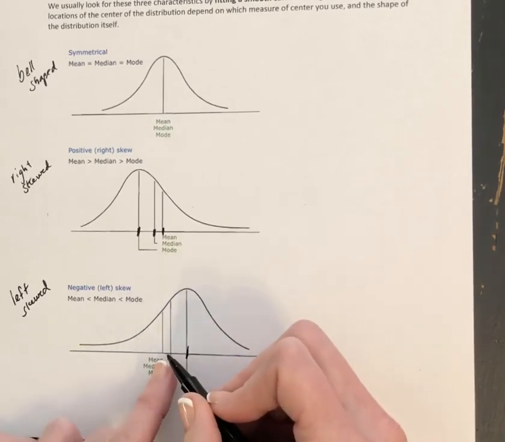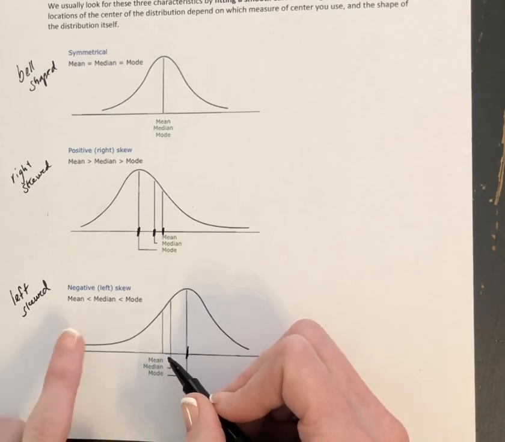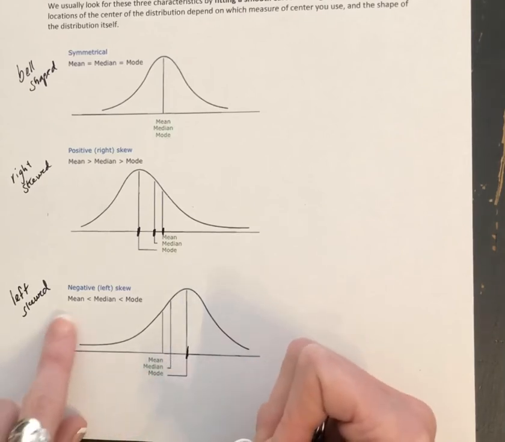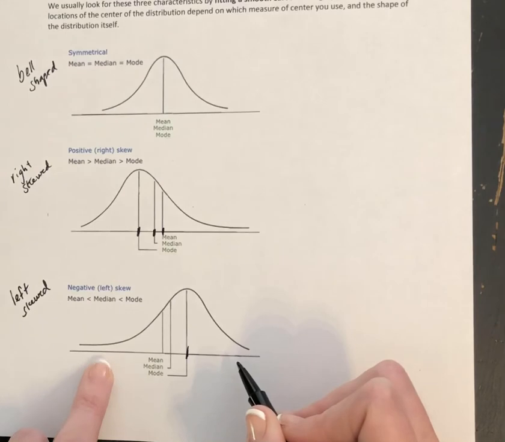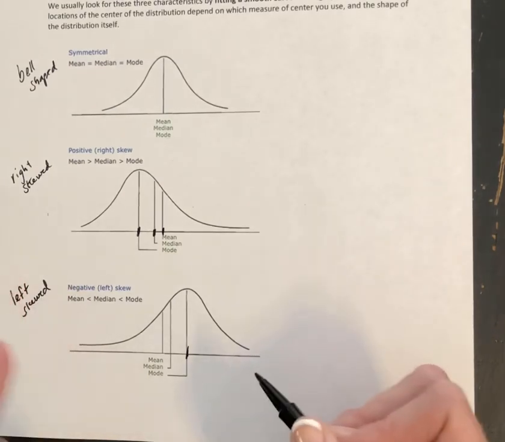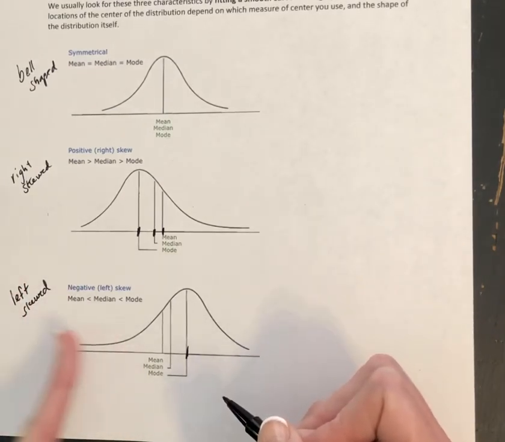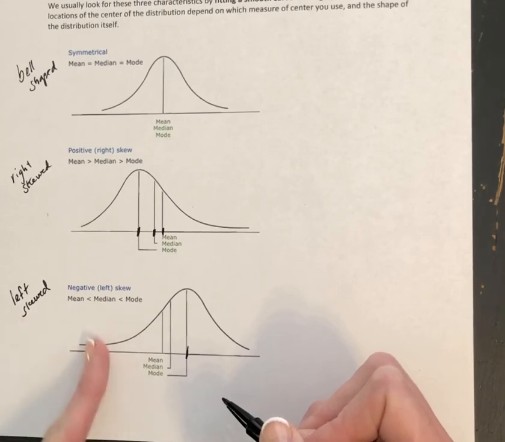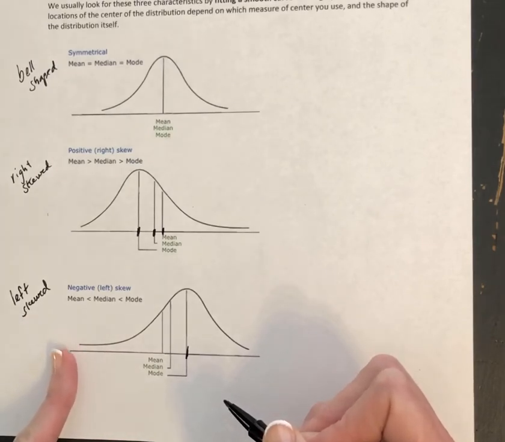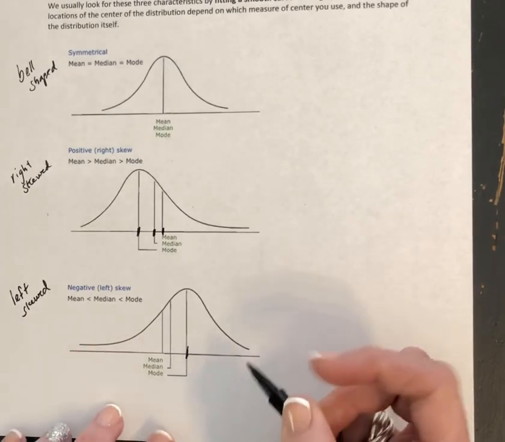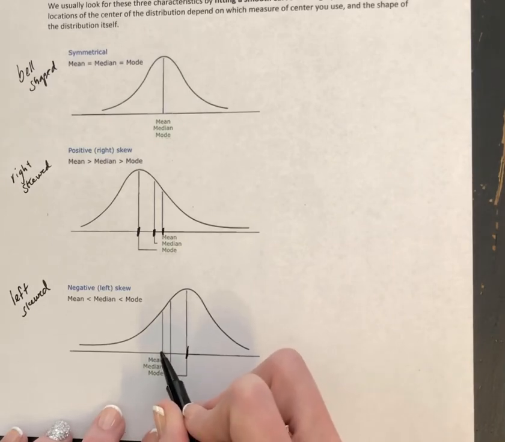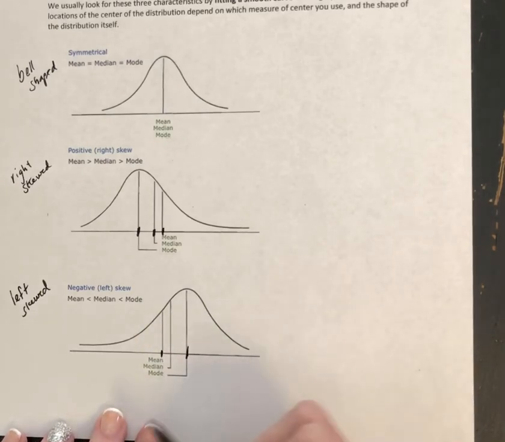And then the mean would get pulled down towards these extreme observations on the low side. There aren't any on the high side, by definition of it being left skewed, as the further left tail is where you have those observations. And so the mean gets pulled down towards those and is going to be the furthest to the left in a left skewed distribution.